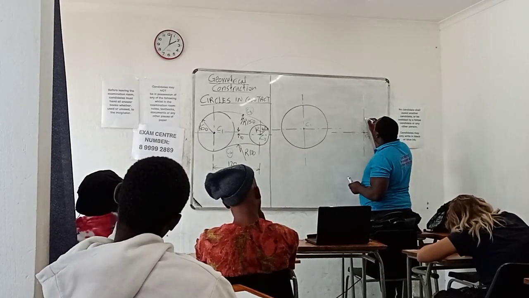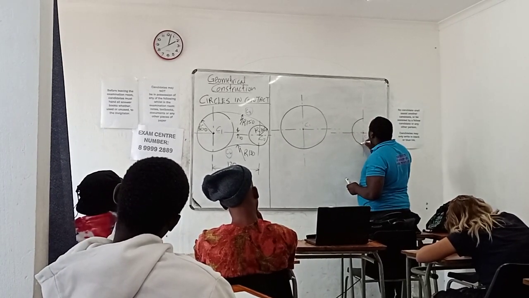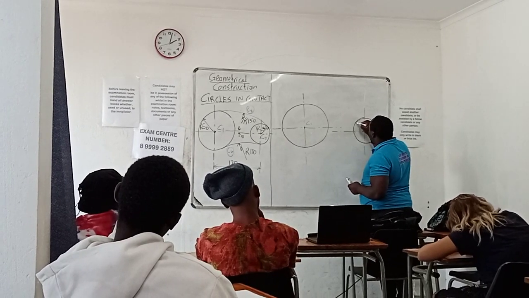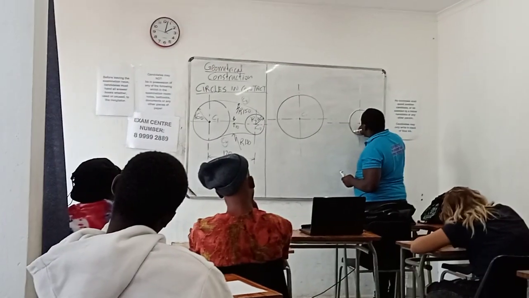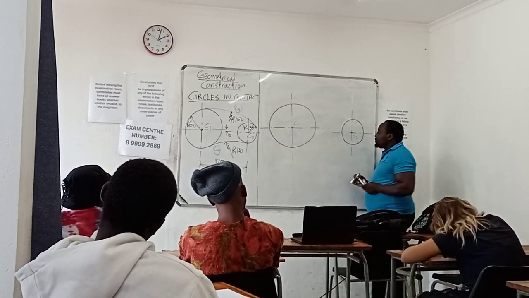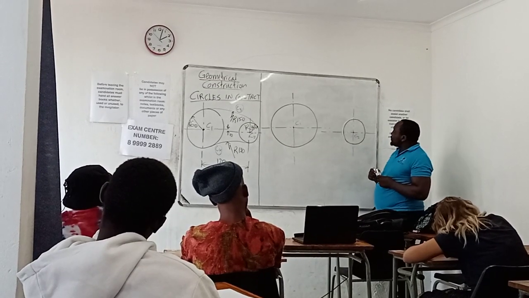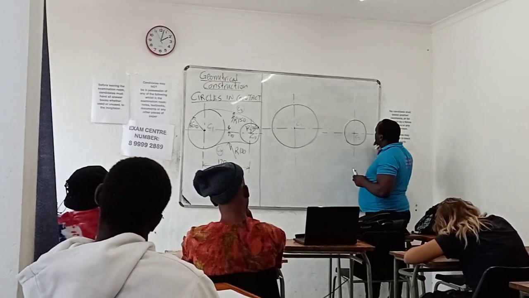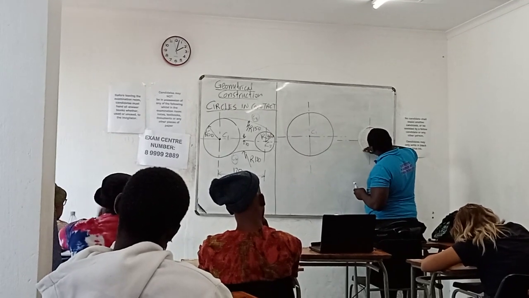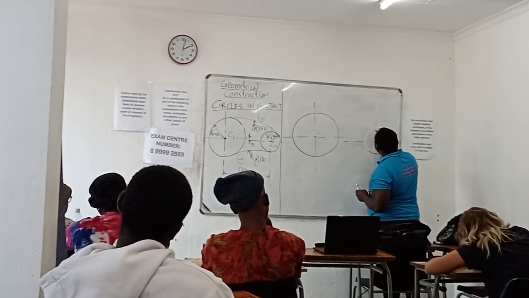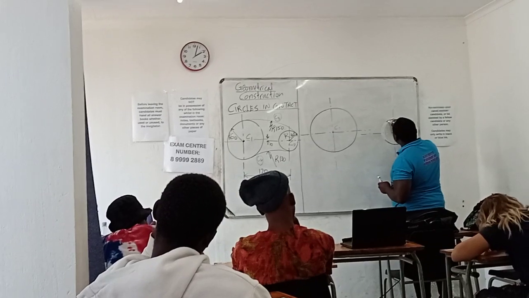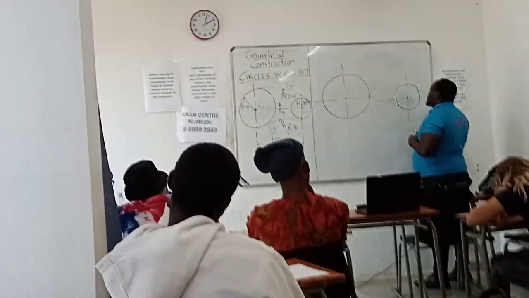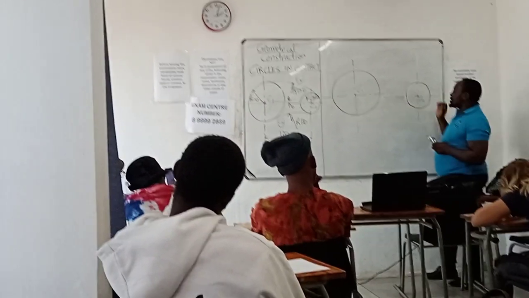Come here. Draw that circle. This circle doesn't want to be found. Okay. So now you have drawn the 2 circles.